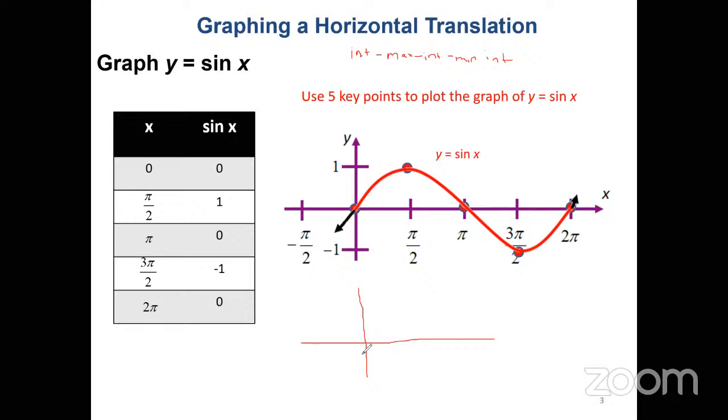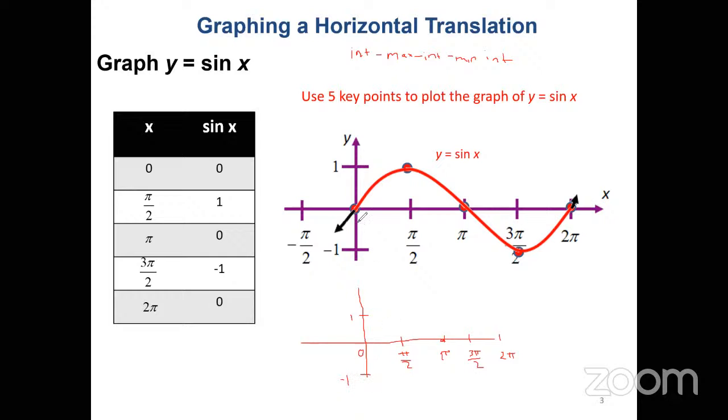So it's 0, pi over 2, pi, 3 pi over 2, 2 pi. And remember, the max is 1, the min is -1, the parent function.